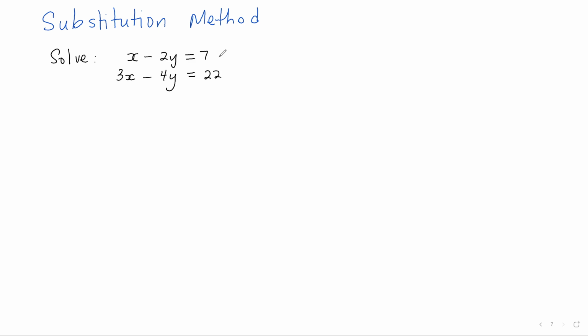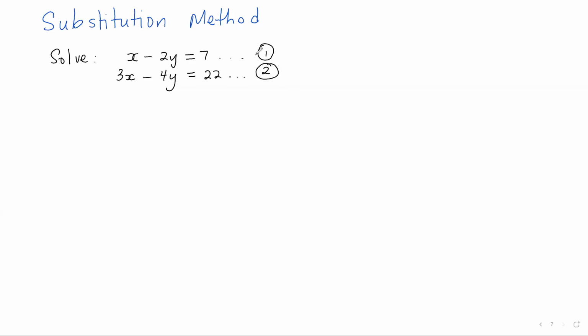But with the substitution method, we need to make x or y the subject of the equation. It's always easiest to choose the variable that has a coefficient of 1. In these two equations, the coefficient of x in equation 1 is 1.